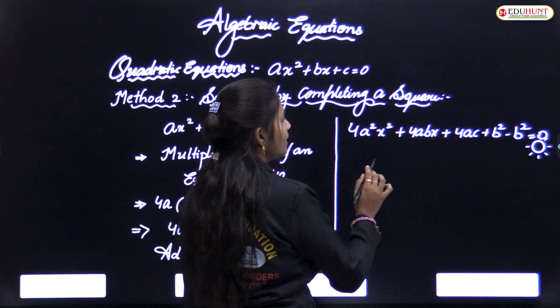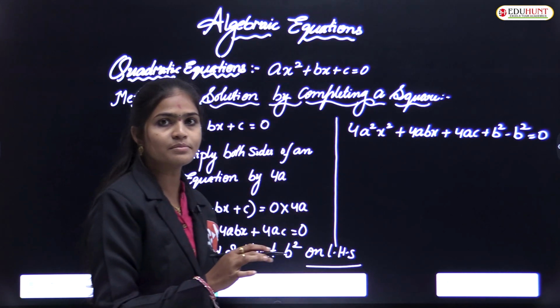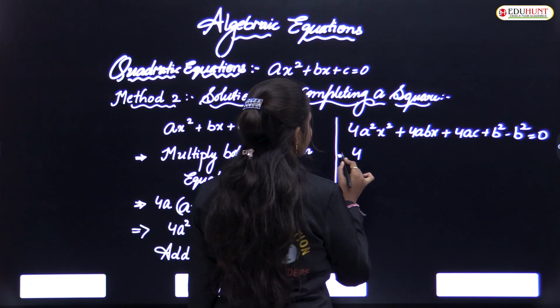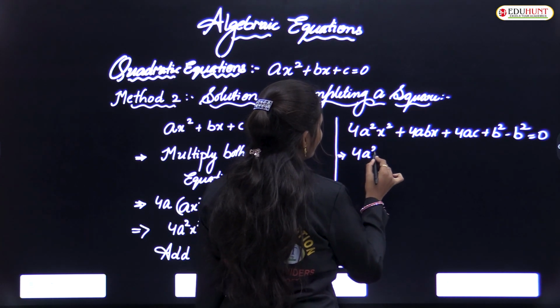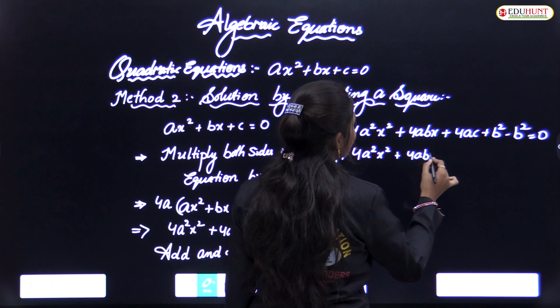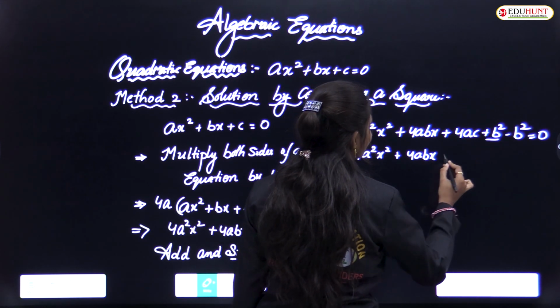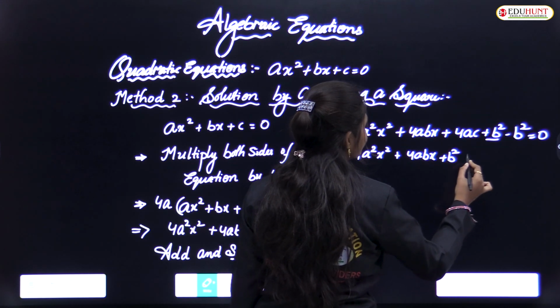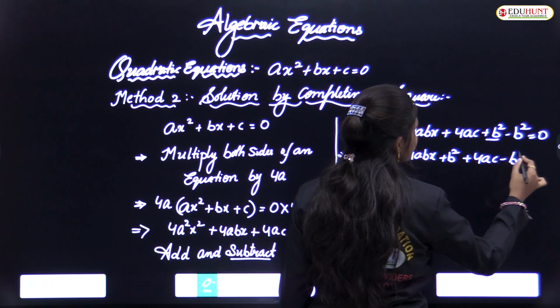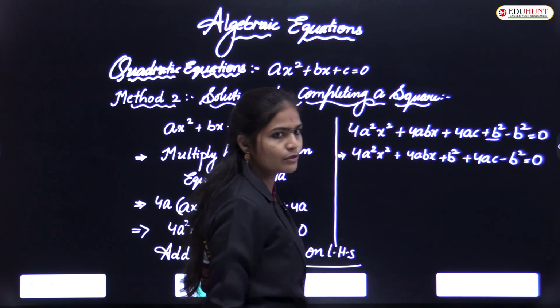From this, the x terms and square terms we have to take together. So I am going to write 4a square x square plus 4abx, after that plus b square. Now the leftover terms are 4ac minus b square, which is equal to 0.